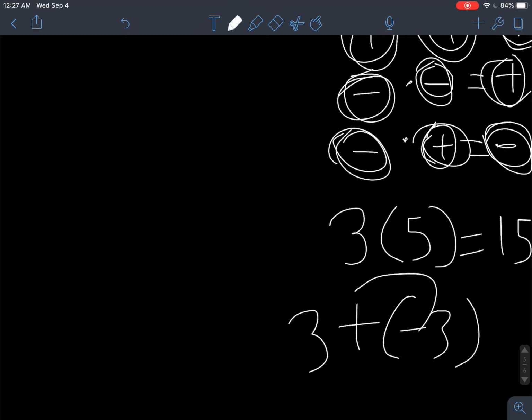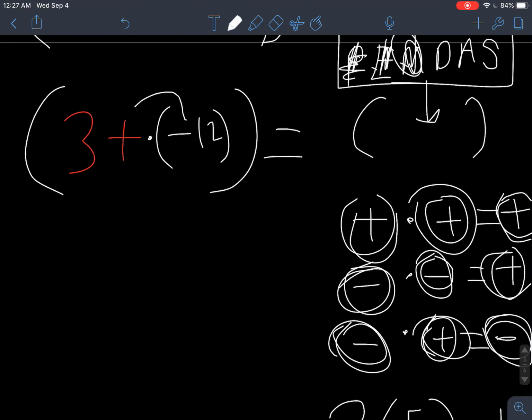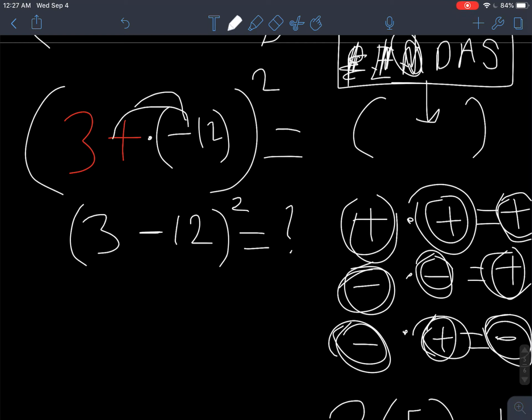You can multiply the sign. So a positive sign times a negative sign, that gives you a negative number. So you get negative 12. So you have 3 minus negative 12 equals something. The thing is, this right here becomes negative. Okay?